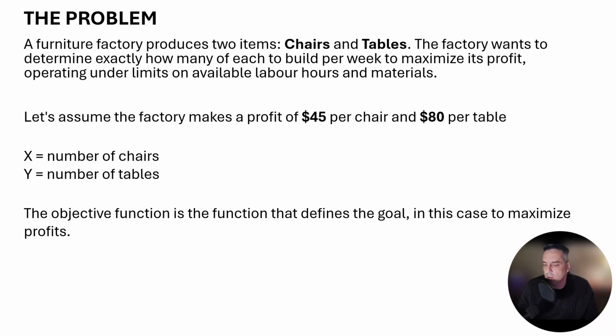So for this particular problem, the objective function is 45x plus 80y. We want to maximize it to see what combination of chairs and tables is going to give us the most profit at the end of the day.